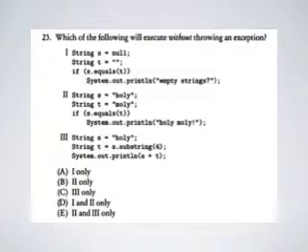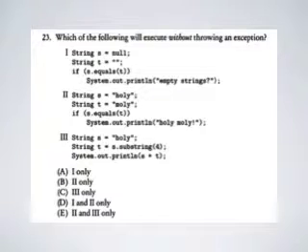Actually, I think this depends on the implementation. If we pass an index that is out of range, the substring method will just return an empty string. So we can still print the concatenation of s plus t, because t is just an empty string. So the result of the third block of code will only print out holy.